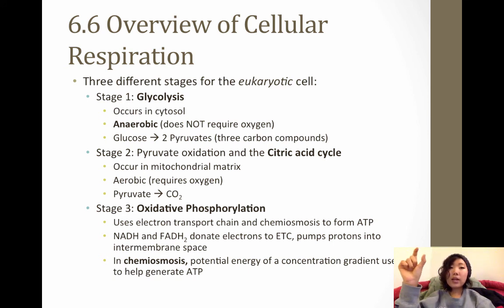So that little space between the two membranes stores a lot of protons, and that creates something called a concentration gradient of protons, where there's a lot of protons inside there, but not very much proton concentration inside the mitochondria. That buildup of protons in the intermembrane space creates a lot of potential energy because those protons really want to come back. And as soon as those protons shoot back into the mitochondria, that helps make the ATP.